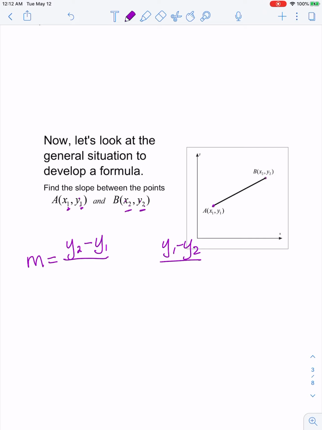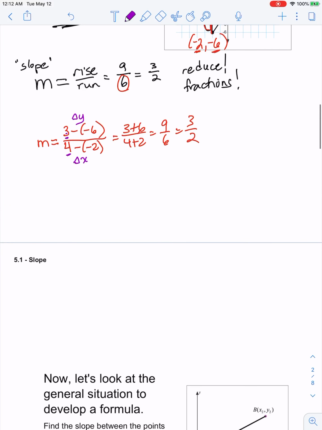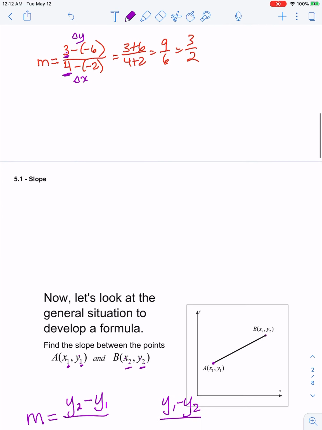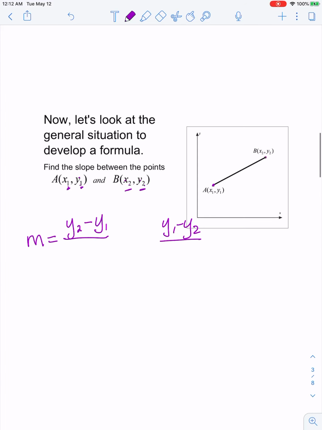However, from back here, I started with the 3 on top, so I have to go to the 4 on the bottom. They come from the same point. So in this first fraction, I've got to start with the x2 in the denominator minus x1. Or I could do x1 minus x2. Either one of these is going to work, and they're going to equal each other.